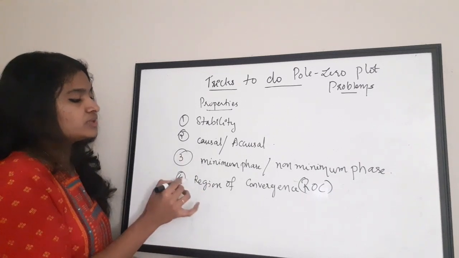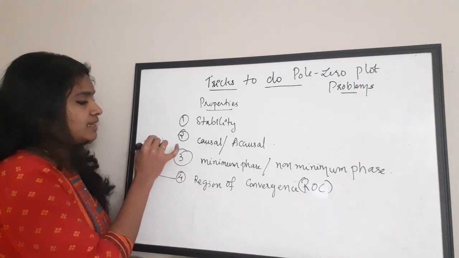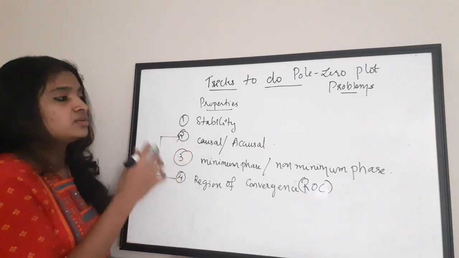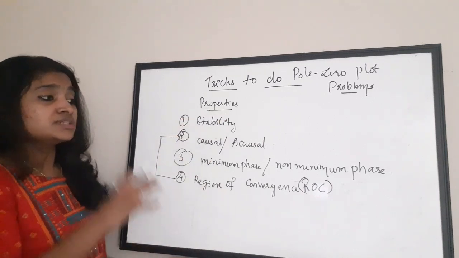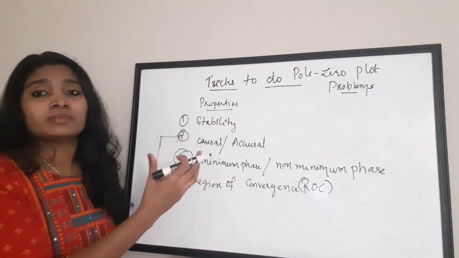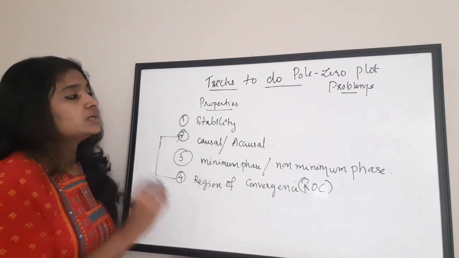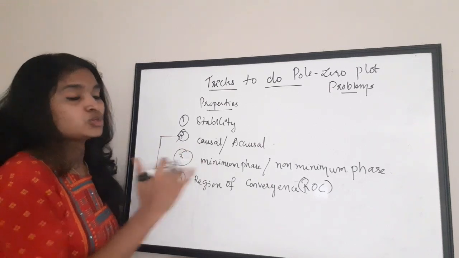Now this region of convergence helps us to define the causality and non-causality property. So these are the properties which you can figure out from a pole zero plot. Let us see in brief about each of these.